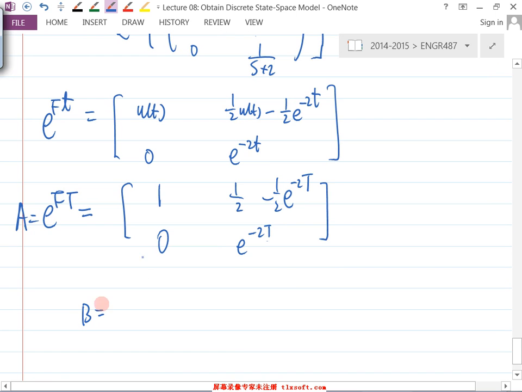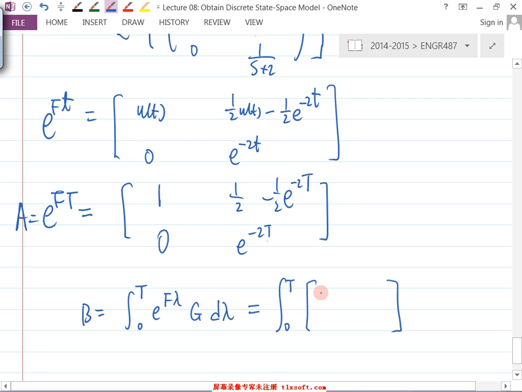So B equal to this. I'm integrating from 0 to T this matrix, replacing the t with lambda.